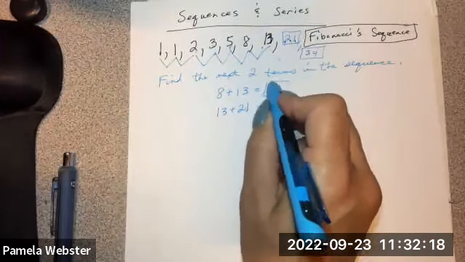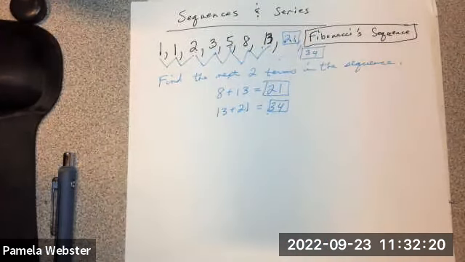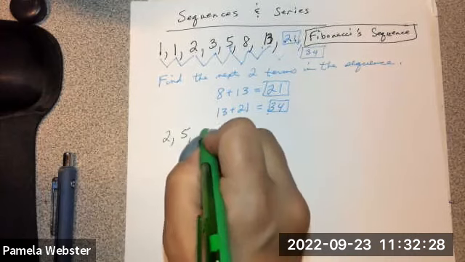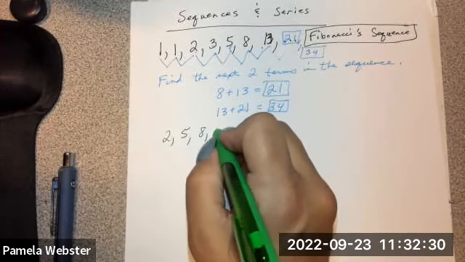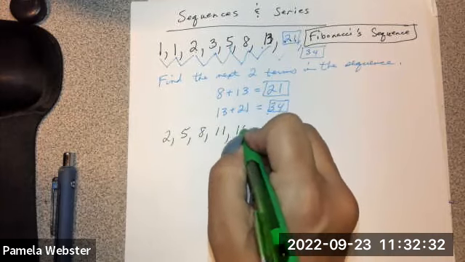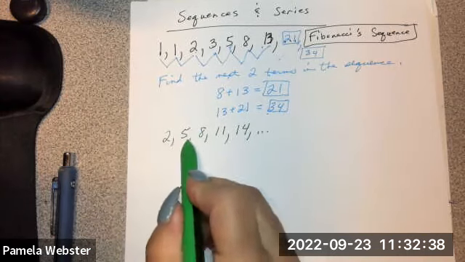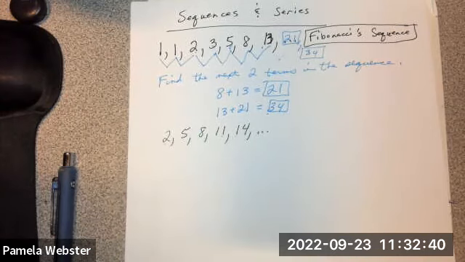Sometimes we can see an interesting pattern like that, but other sequences are just like, for instance, 2, 5, 8, 11, 14. We need to give you enough terms of the sequence that you can look at them and see the pattern.